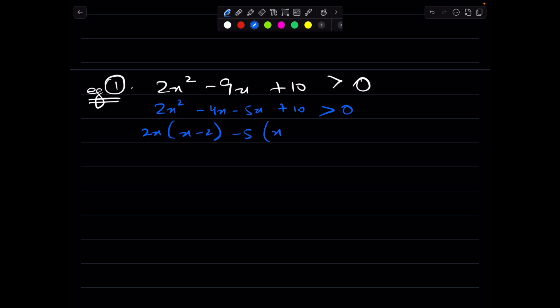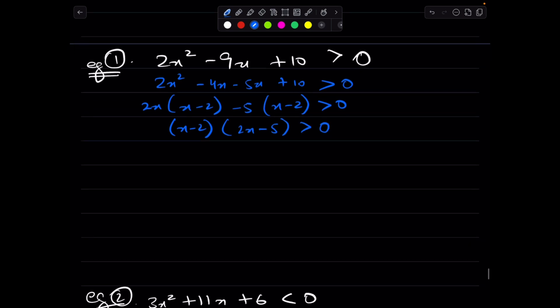This would also leave x minus 2. So we have two factors, that is x minus 2 and 2x minus 5. And our two roots turn out to be x is equals to 5 over 2 and x is equals to 2.